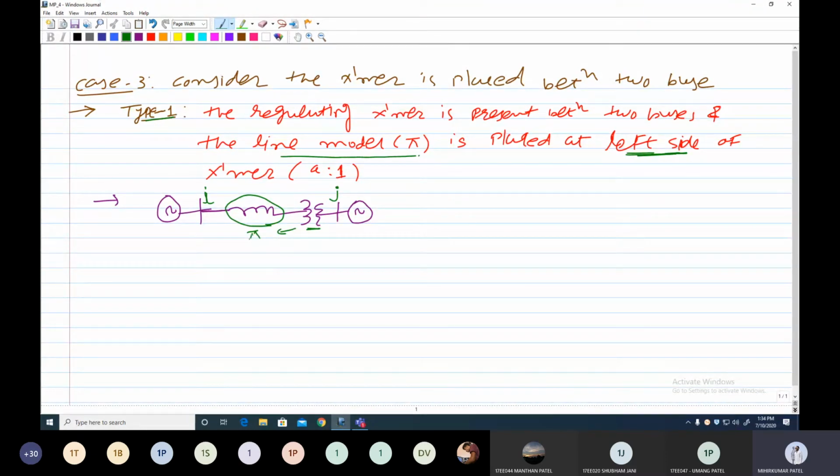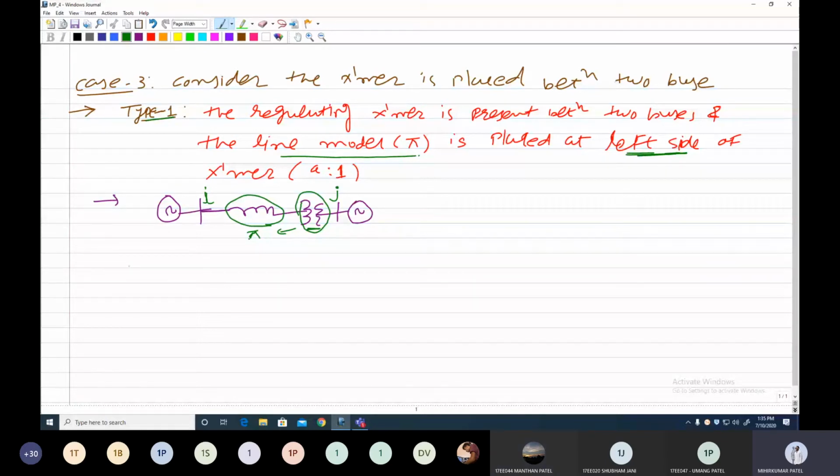Earlier we saw only a transmission line in our example, but in this case the transformer is placed between bus numbers I and J, and the pi model is at the left side of the transformer. Clear up to this?